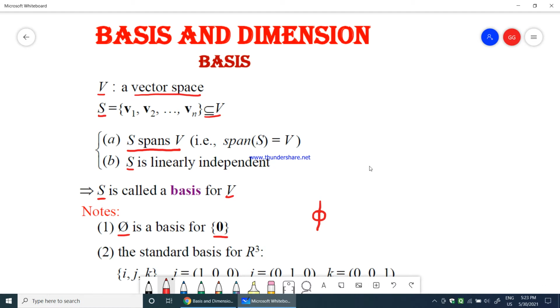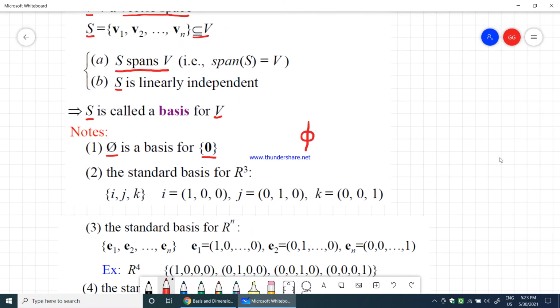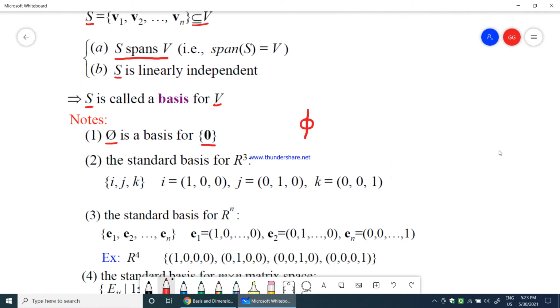The second standard basis that we can see is the standard basis for R power 3. In my previous video I told you what R and R power 3 are. For R power 3 you get 3 basis vectors: (1,0,0), (0,1,0) and (0,0,1). This is the standard basis for R power 3.